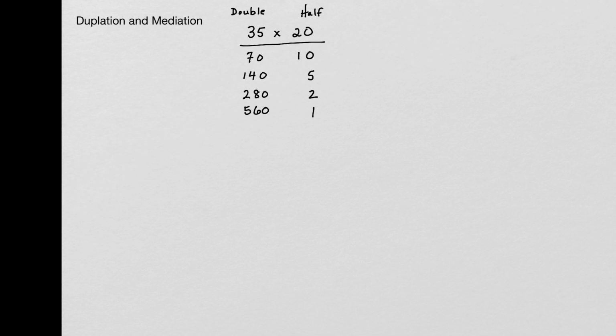So I look at the numbers in the half column, and I'm going to cross out any time the half number is even.